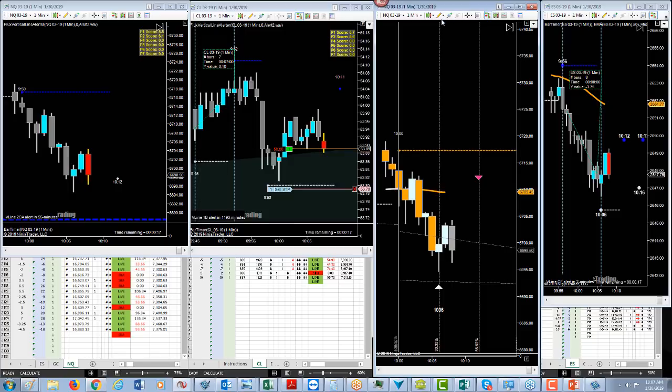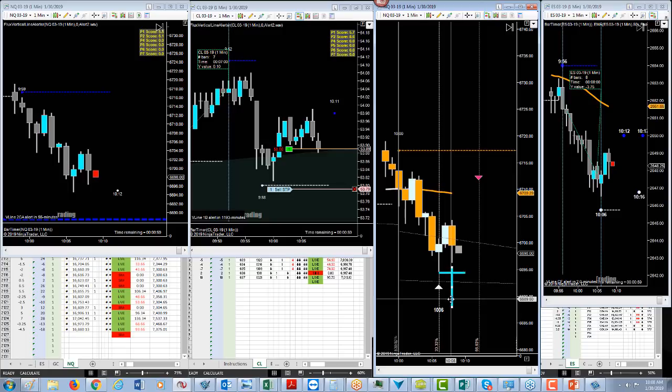Watch for a stop run in the NQ right here, everybody. Let's say down into this area. 87. 87 area.